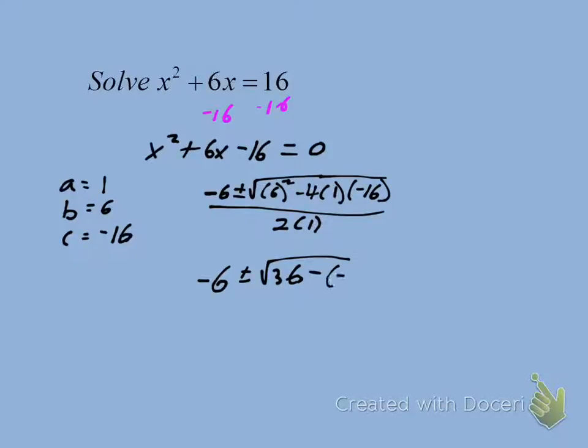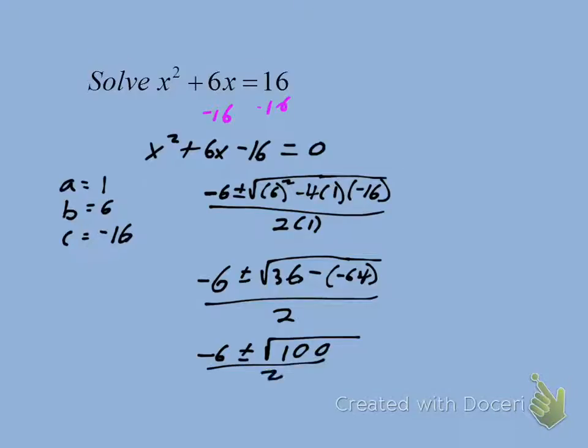So we have 36 minus a negative 64 inside the square root. All over 2 times 1 is 2. Alrighty, which gives you negative 6 plus or minus. What's 36 minus negative 64? 100. All over 2. What's the square root of 100? 10. So negative 6 plus 10 over 2.